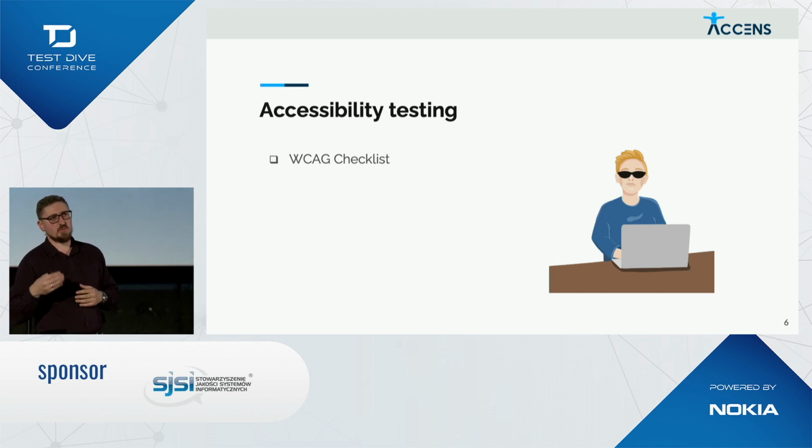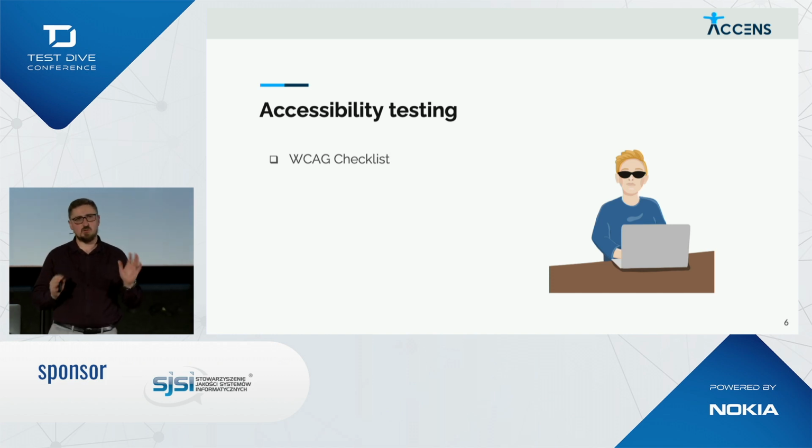They are working on 2.2, and in the meantime they're working on version 3.0, but the whole world believes that the standard currently is 2.1. So if you hear about WCAG, version 2.1 is currently the most common one.